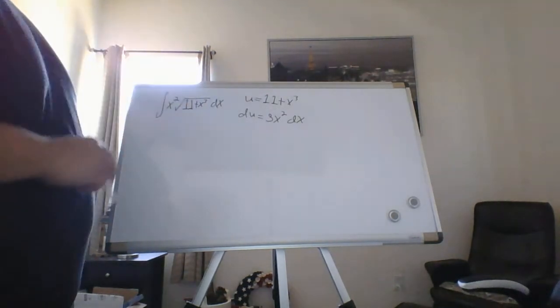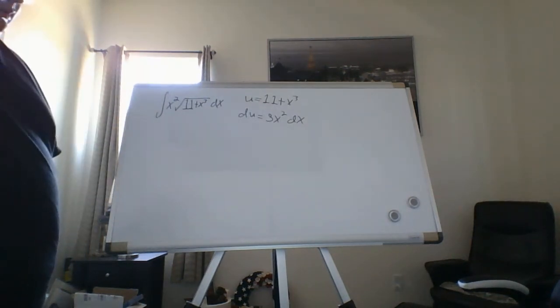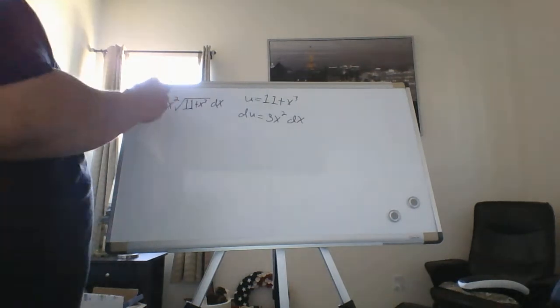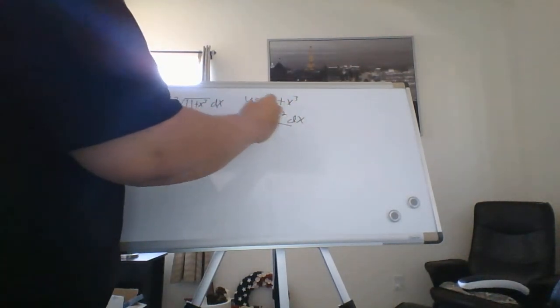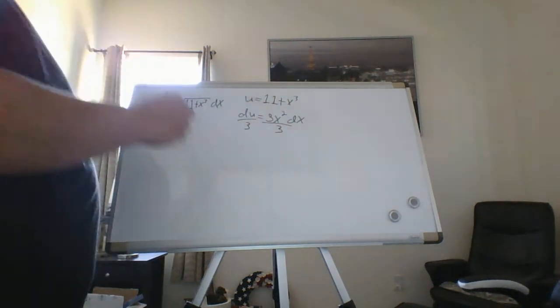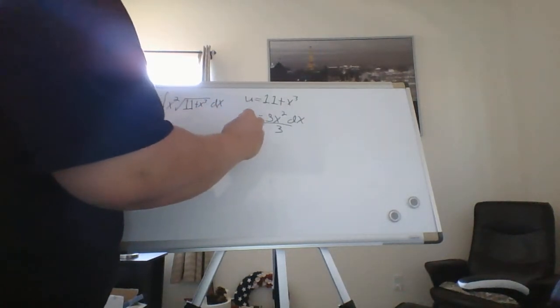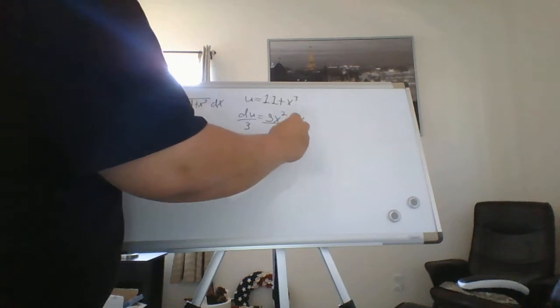This is a way to use this u sub in a better way, and this can work for even more complicated integrals than this one. Now, because we have this x squared here, we can, in fact, divide both sides by 3. And then we get du over 3 equals x squared dx.